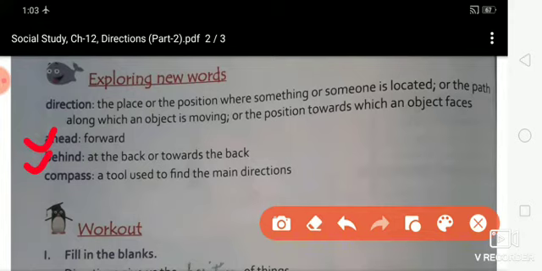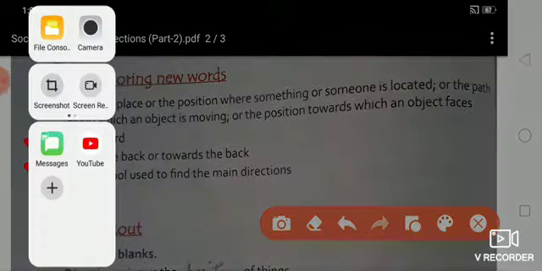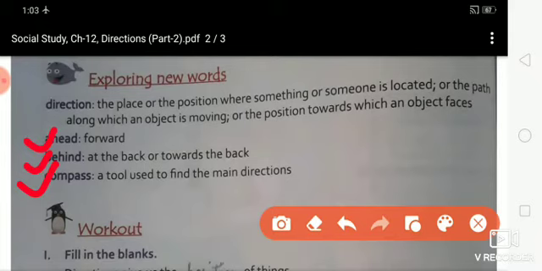Behind: at the back or toward the back. Compass: a tool used to find the main directions.